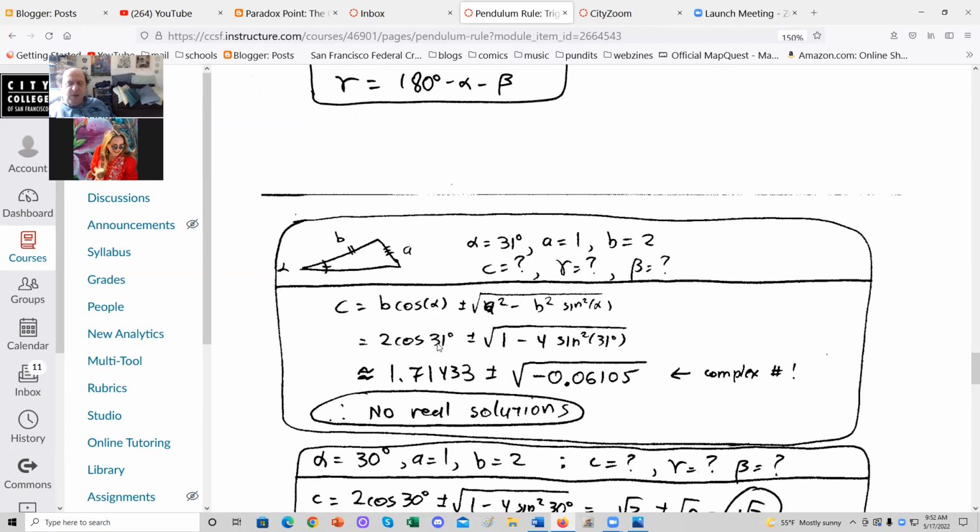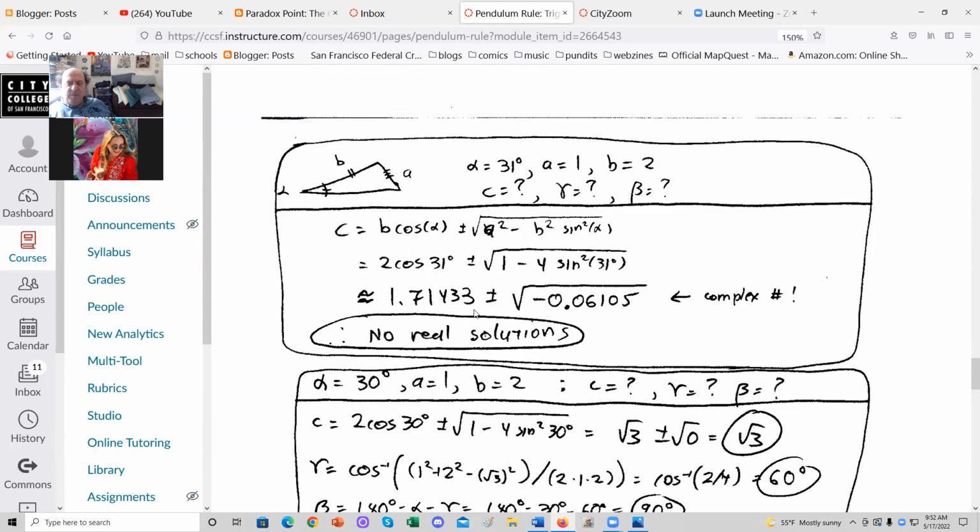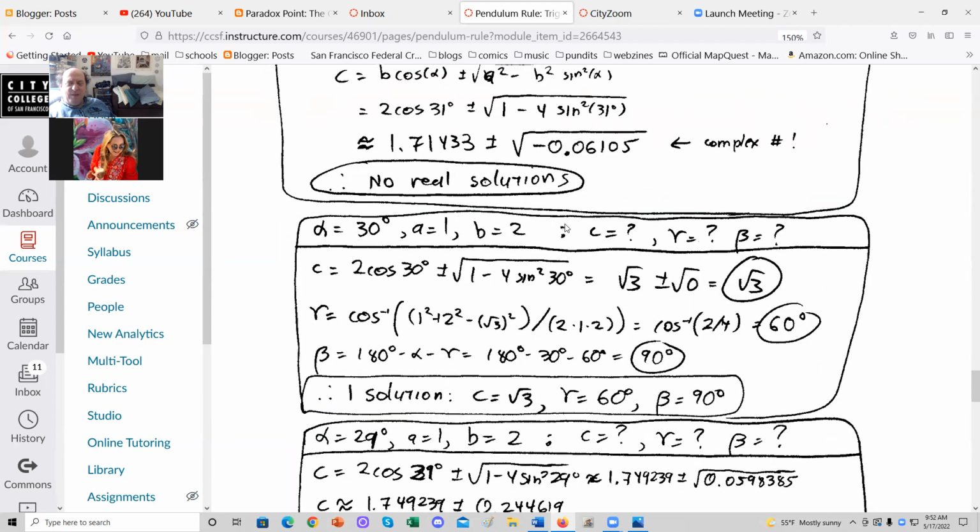Plug in 31 degrees for alpha, 2 for B, 1 for A, and after a bit of work, it's 1.7143 plus or minus the square root of a negative number. But square roots of negative numbers are complex, and we don't have complex triangles. So there's no real solutions to this problem. Alpha is too high, so the pendulum A swings back and forth and misses the ground entirely.